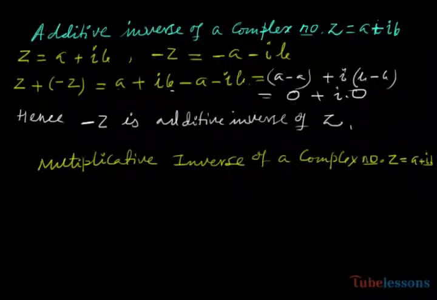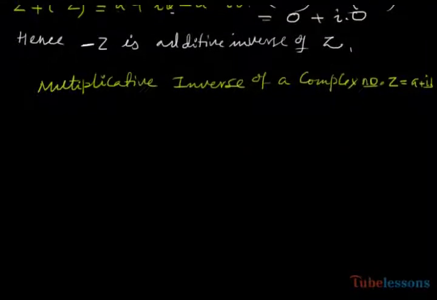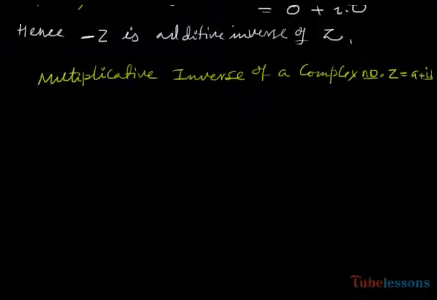Now we want to find the multiplicative inverse of a complex number Z equal to a plus ib. As you know, Z into 1 by Z is equal to 1.